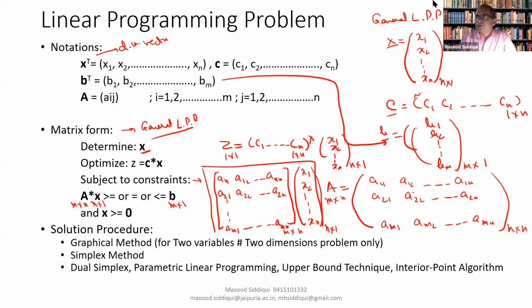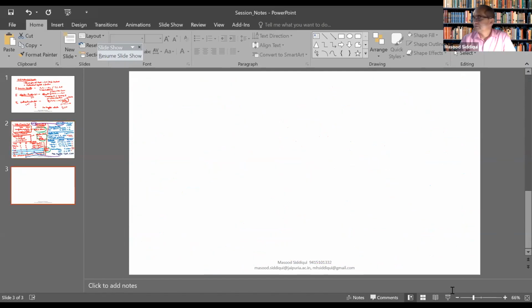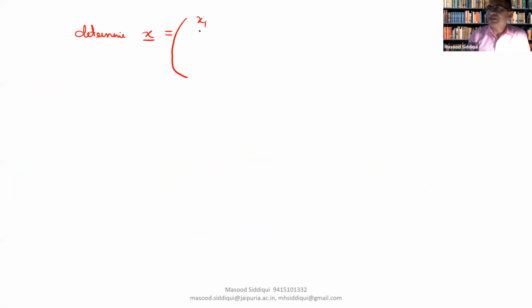So let me use the whiteboard to explain this concept in a better manner. The first thing is we determine the X vector, which is X1, X2 going up to Xn, of order n cross 1.